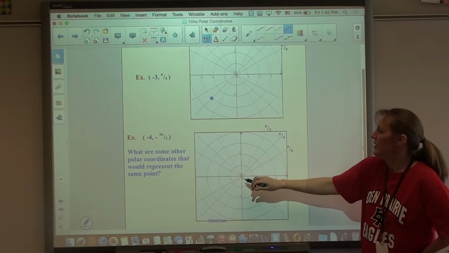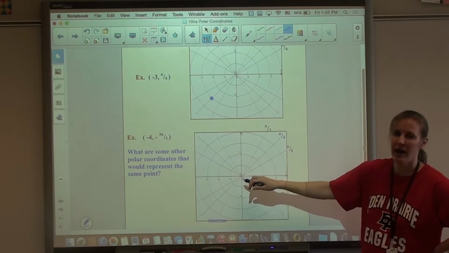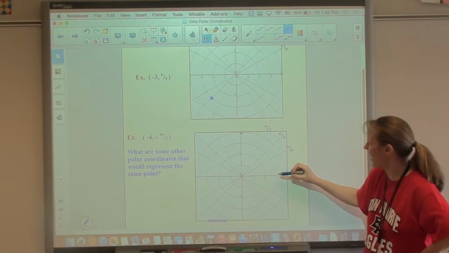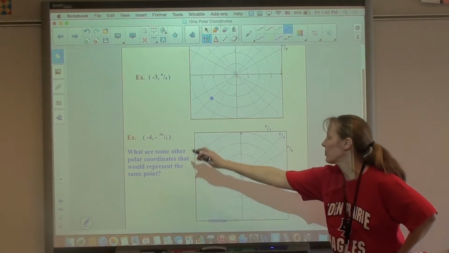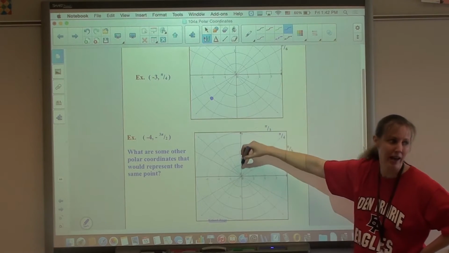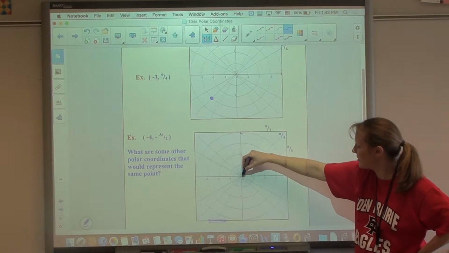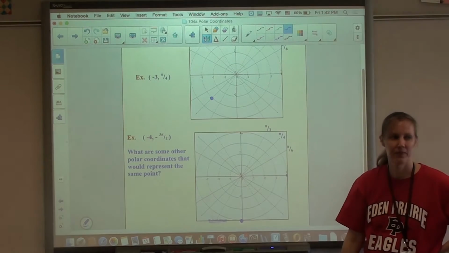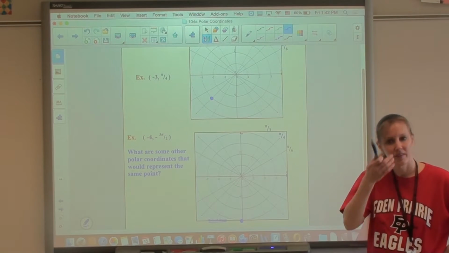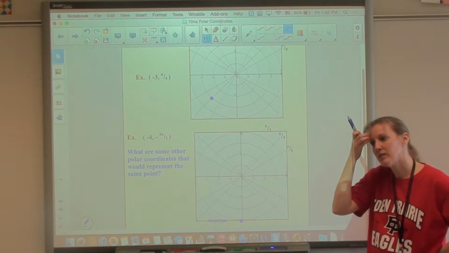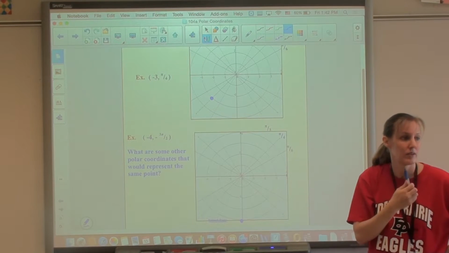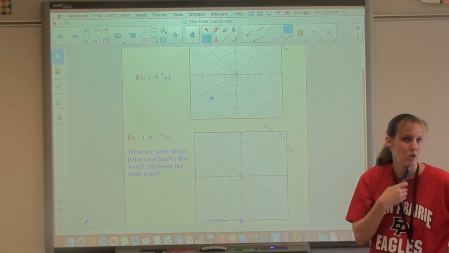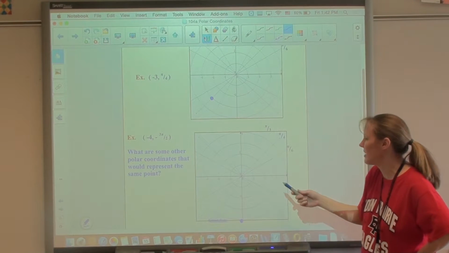All right. Negative 4, negative 3 pi halves. So negative 3 pi halves, we go backwards to 3 pi halves, so we're on this line. But we have to do a radius of negative 4, so we actually end up down there. Does that make sense? So we have to do it based on the theta first.